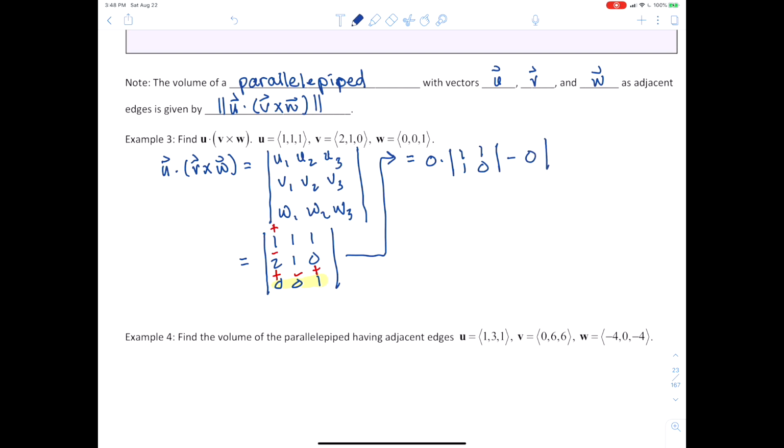So remember, we're kind of mentally crossing out those lines. So that would have been 1, 1, 2, 0, but the whole thing will zero out anyway. So you don't really have to worry about it.